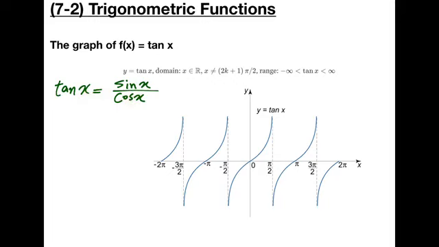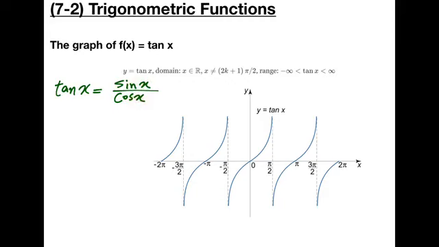So now, when x is 0, so when we are here at the origin, sine of 0 is 0, and cosine of 0 is 1. So we'll have 0 over 1, which is equal to 0, right?